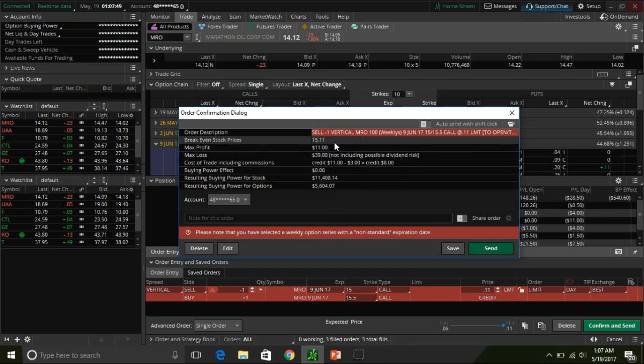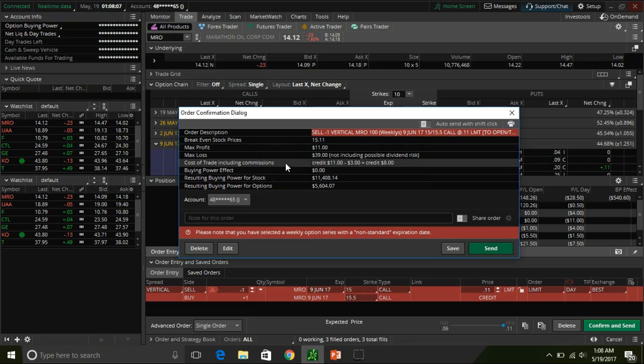If you look here, 15.11 is our break-even point on this trade. So anytime this stock goes below or above 15.11, it means that we are operating on maximum loss, which in this case would be $39.